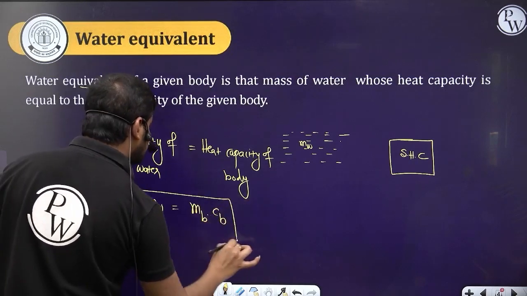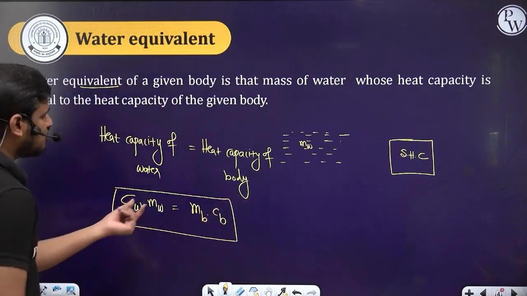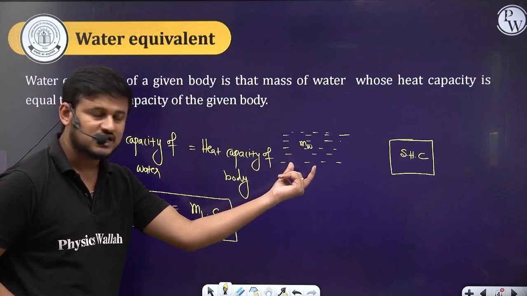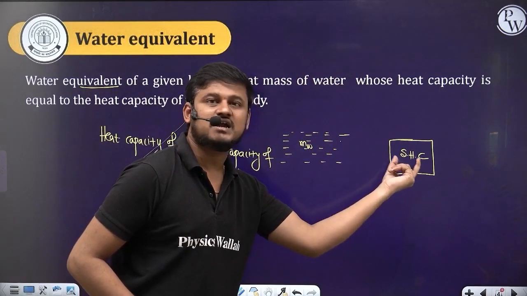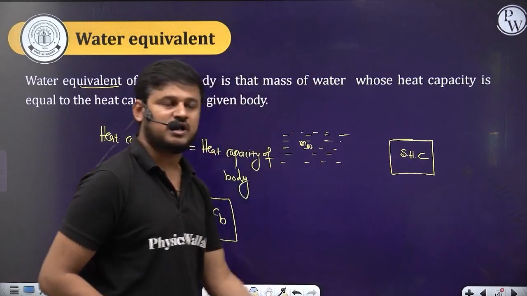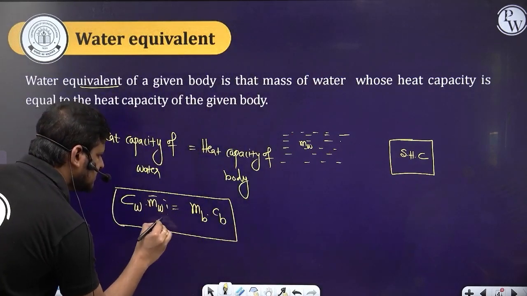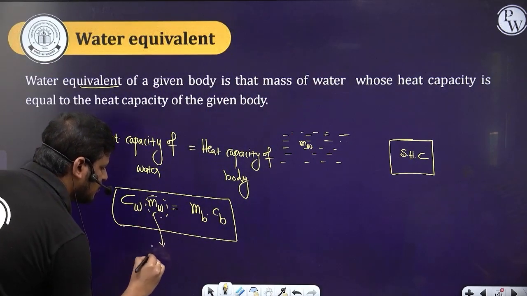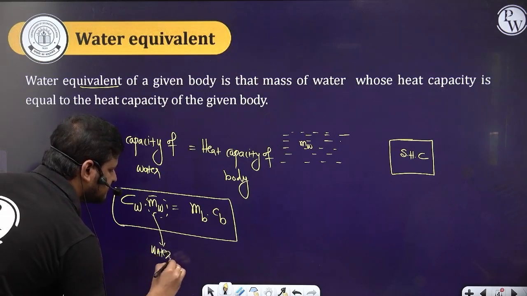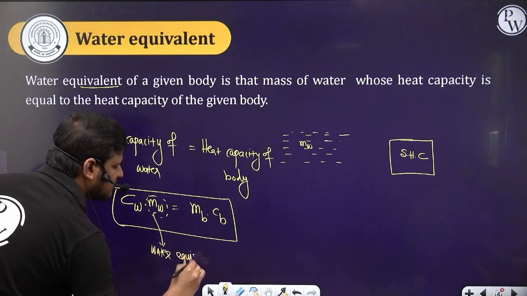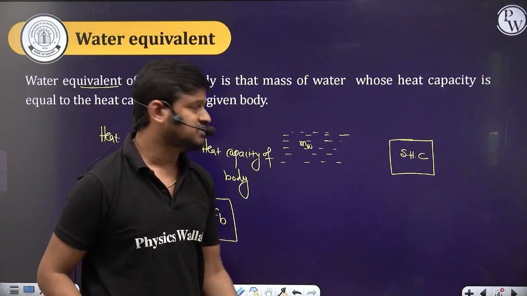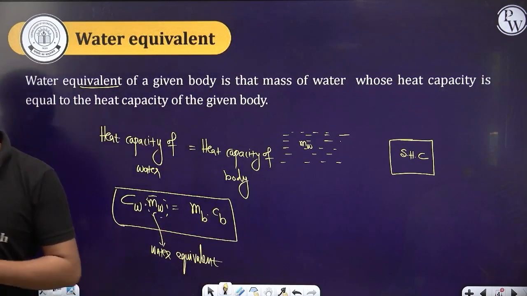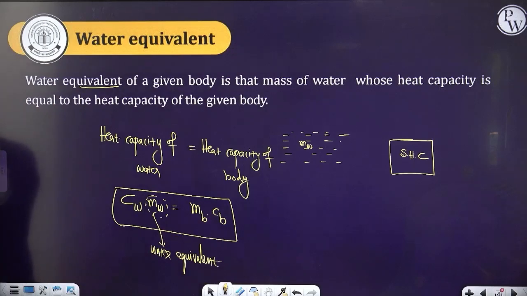Here mw is how much mass of water you are taking which has the same heat capacity as the body. This mass of water is called the water equivalent. That's it. Done everyone? Clear? So simple definition. Note this down everyone.